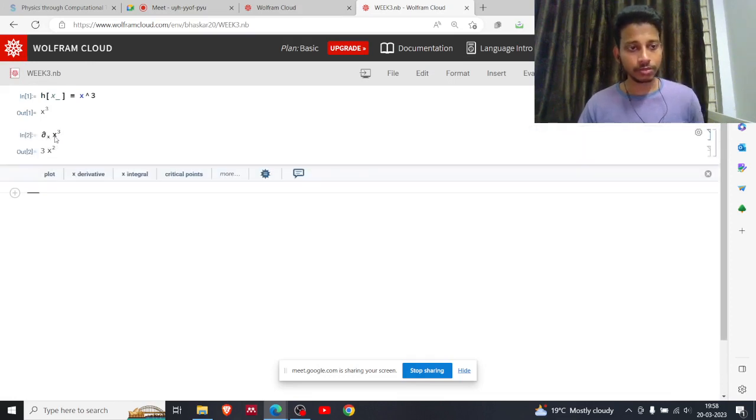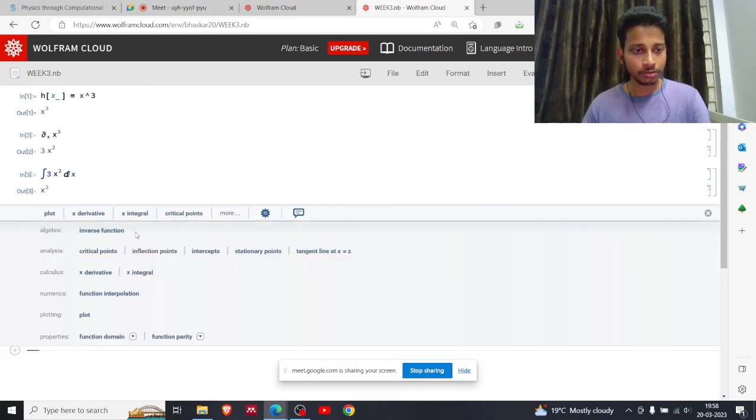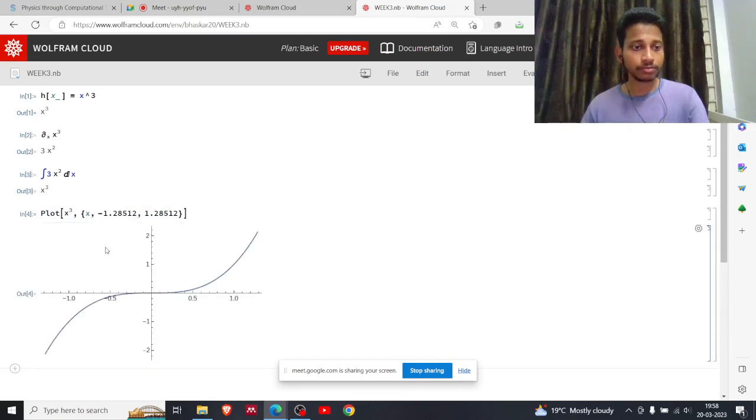This is the way you can take a derivative of the function and then also use the integral. Also there are a lot of things that you can do here. The first one is like the plot.